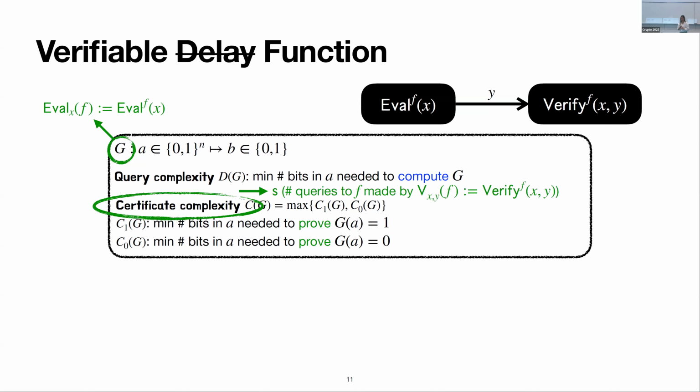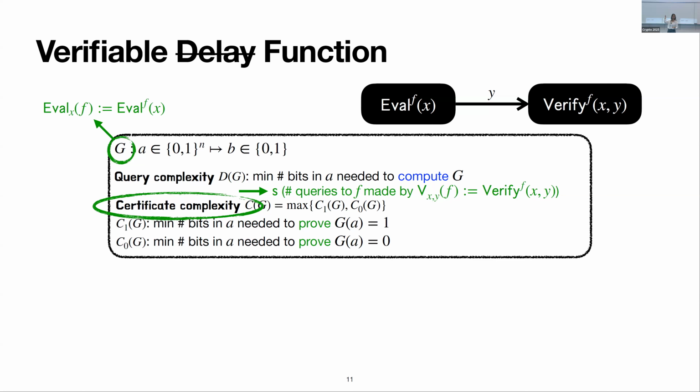Now with this translation, I claim that the certificate complexity of this new eval function is the number of queries made by the verifier to the random oracle, by the correctness and uniqueness of the VDF. Correctness tells me that one y is going to be accepted, and uniqueness tells me that any y that is not computed by eval will not be accepted.